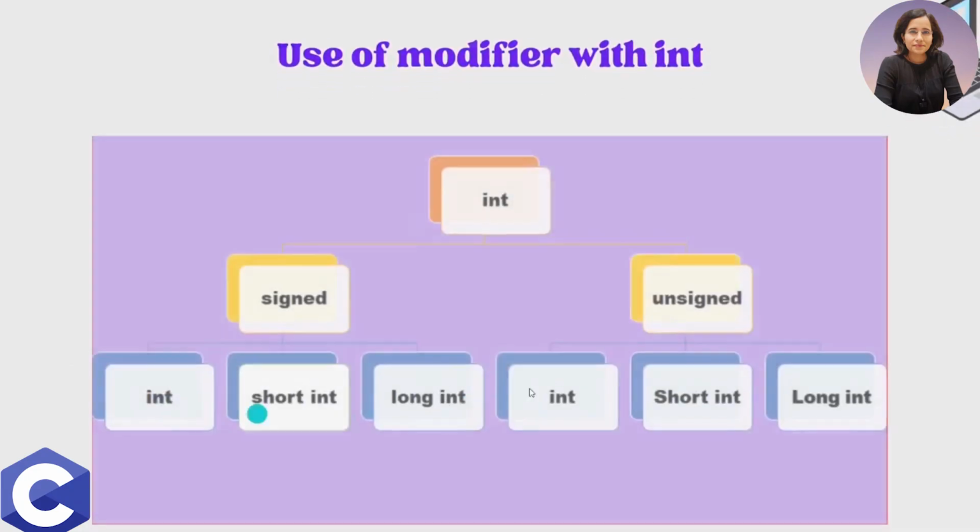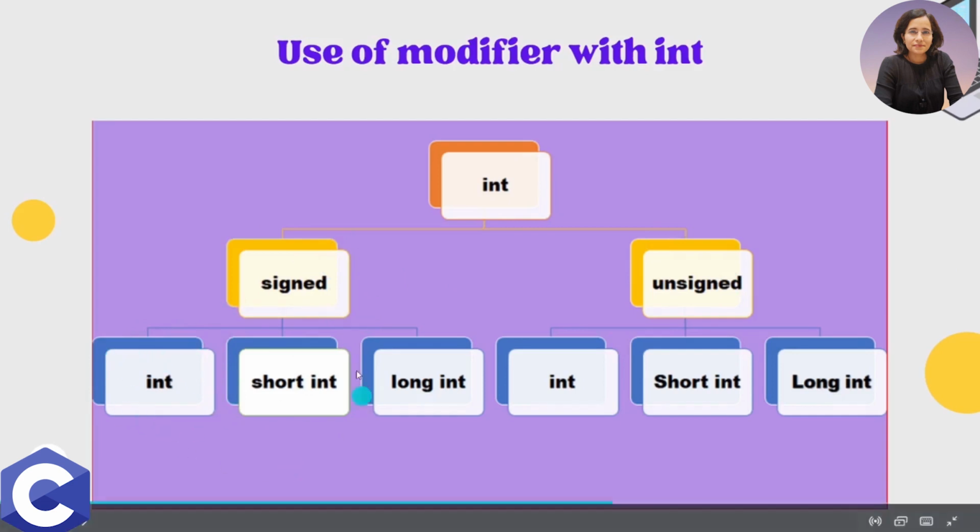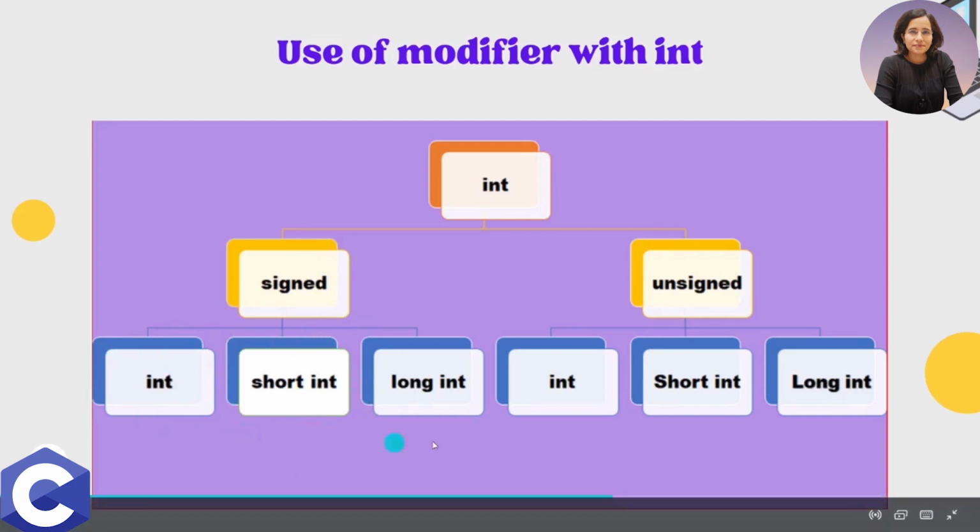So let's see how this modifier works with our base data type. So first is integer. There are two qualifiers we have seen, that is sign and unsigned. The sign is default. So integer we can use in three types. One basic integer, we can add modifier short, we can add the modifier long to increase the range of the integer.